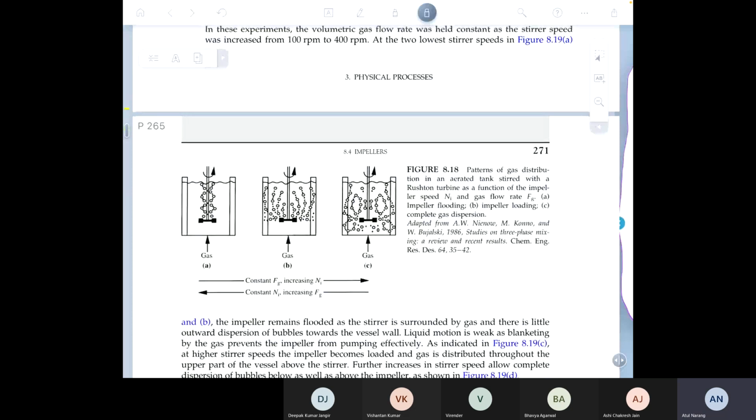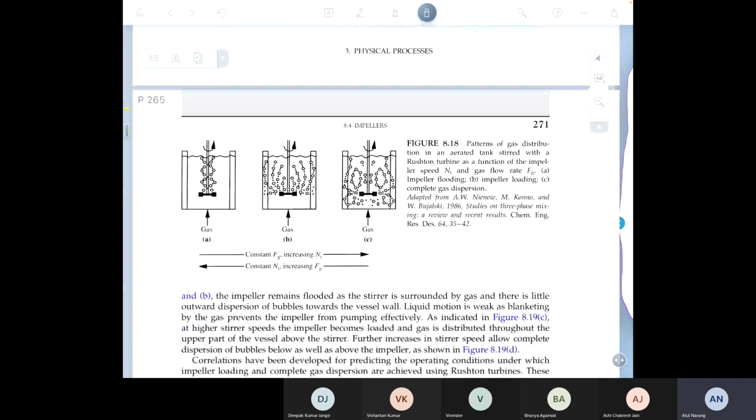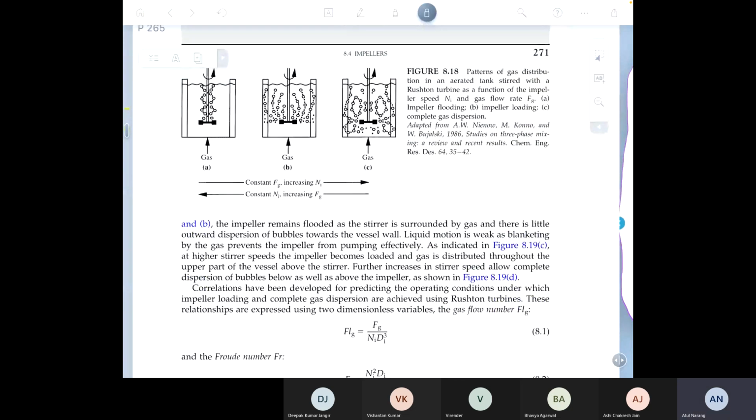It comes out of the sparger, but you want the bubbles coming out of the sparger to first break into smaller bubbles and then get dispersed throughout the reactor. And what we're looking for is some quantitative way of assessing how we should do this in order to make sure that the gas is fully dispersed in the reactor.